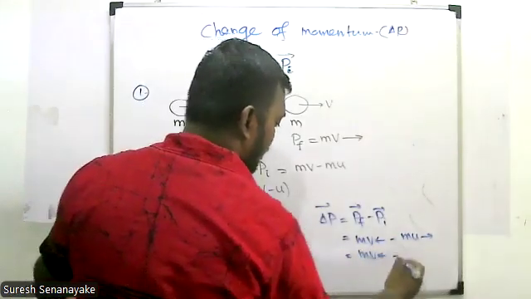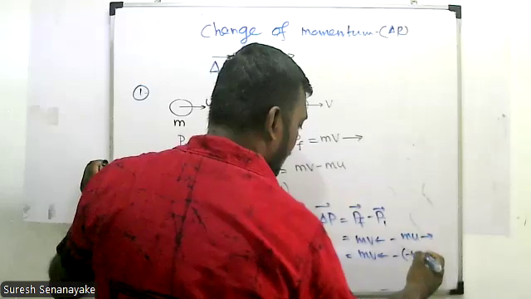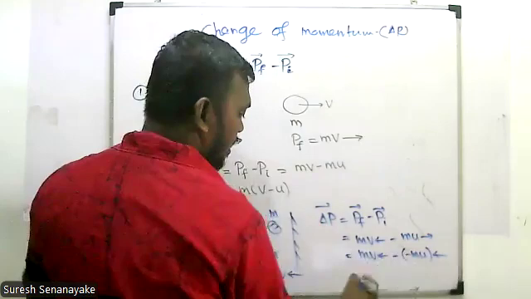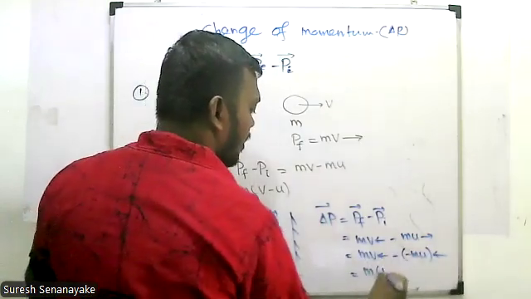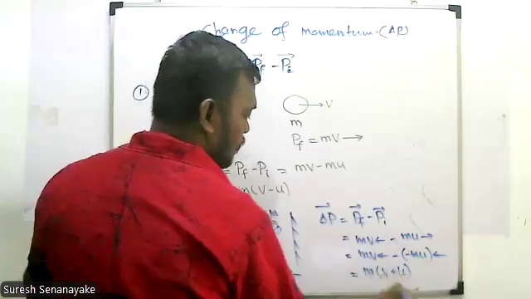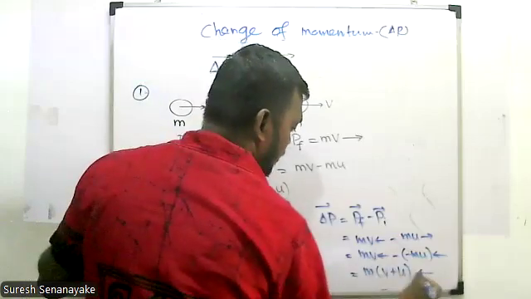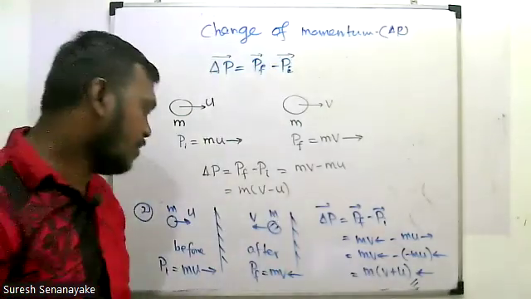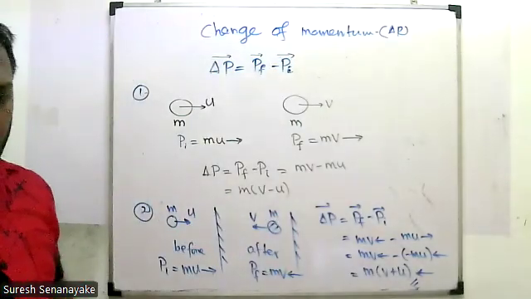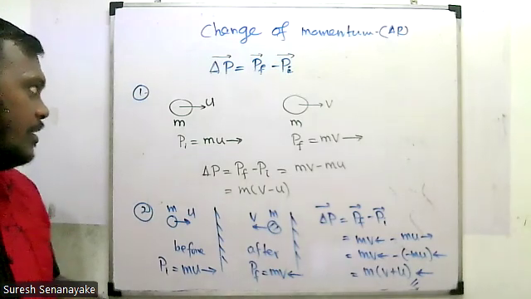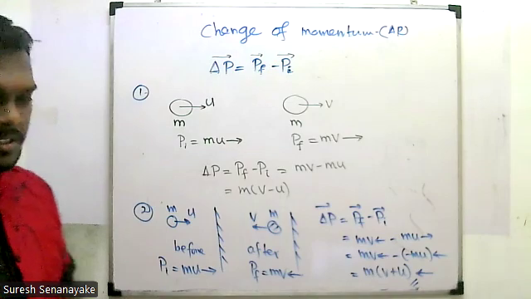Changing the direction of a vector means multiplying it by a negative sign. So then minus minus becomes plus, and the change in momentum becomes m times (v plus u). This is the direction and the magnitude of the change in momentum when the ball hits the wall and rebounds. It's clear? That's the way you need to get the momentum change of the body.